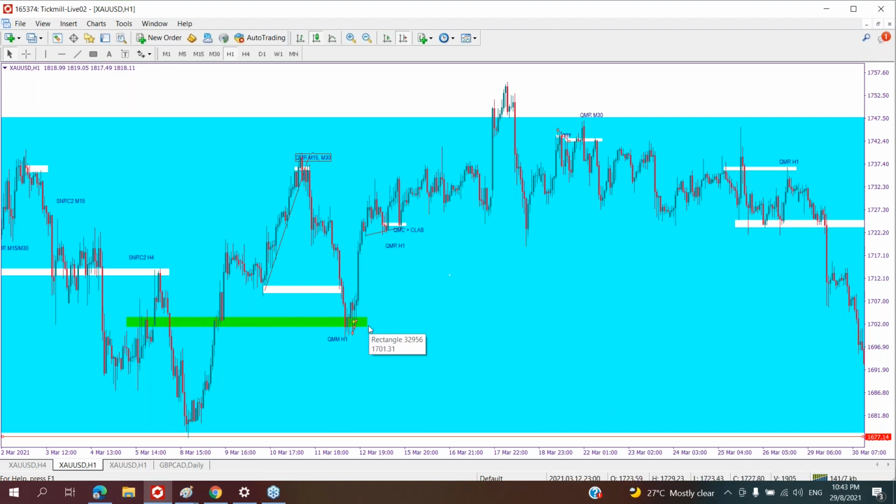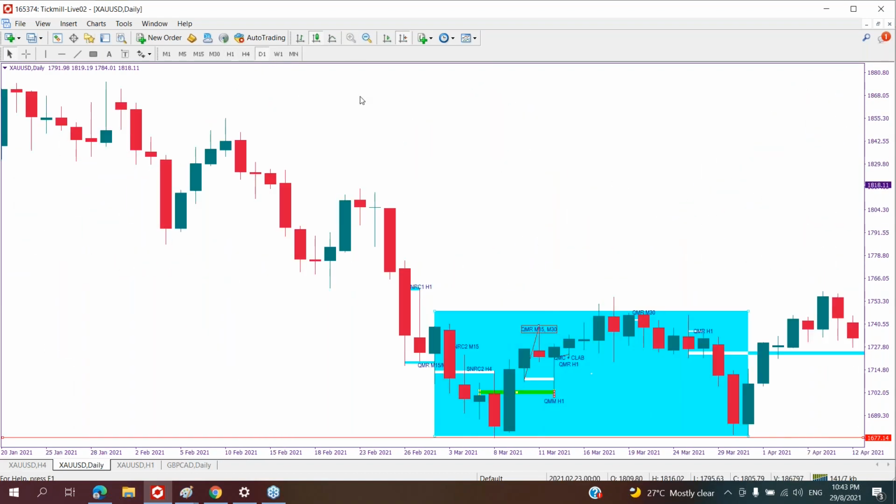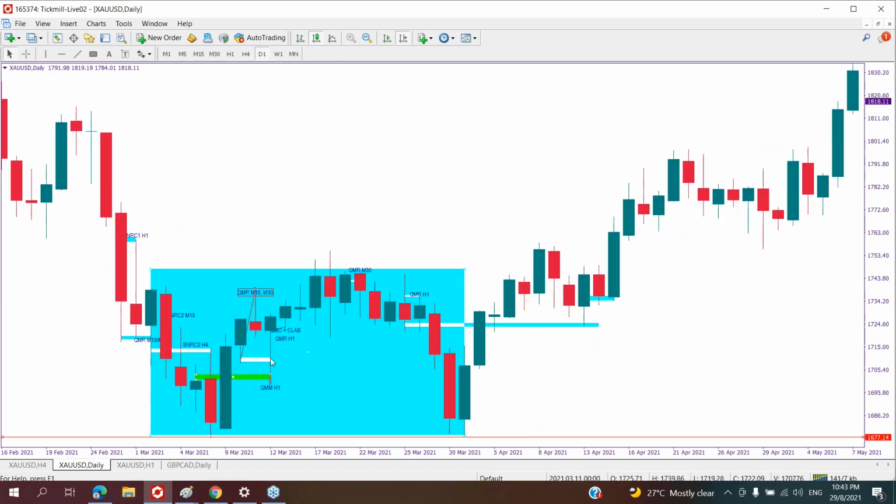Price made rally, base, rally, rally, base, rally, and then price reversed and went down. Then you have to check in the higher time frame if there's any bullish engulfing, and you can see this is bullish engulfing. This is very compulsory if you want to enter QMM.